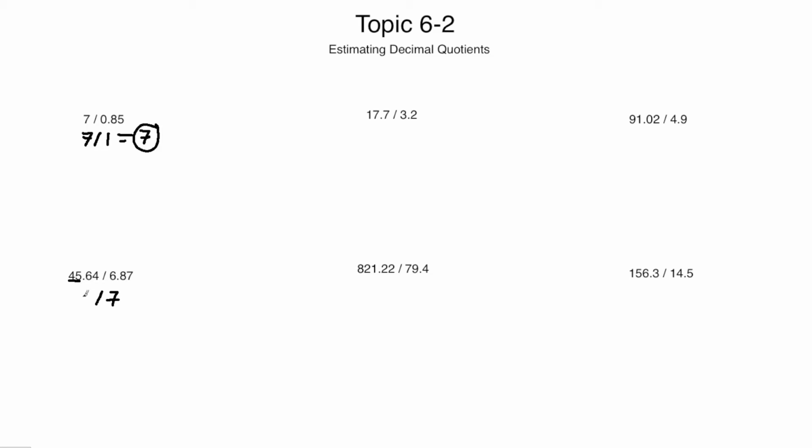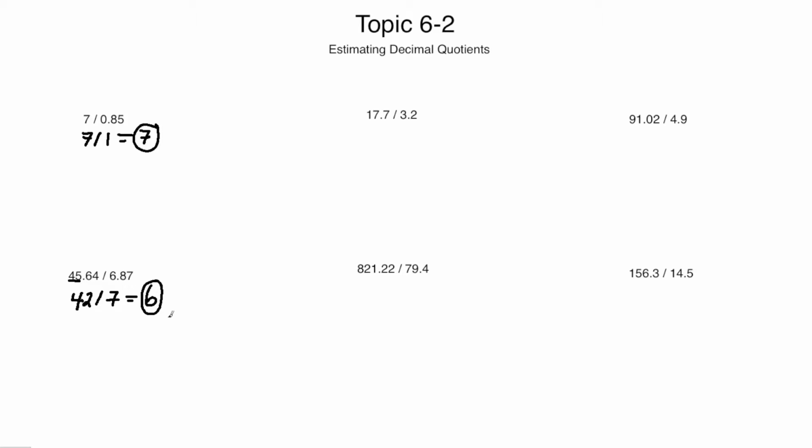No. So what are you going to estimate 45 and 64/100ths to that is close to 45? If you do 49, 7 times 7 is 49, that's 4 away. But if you do 7 times 6, that's 42, that's only 3 away. So let's do that. So 42 divided by 7 will give you the quotient 6.